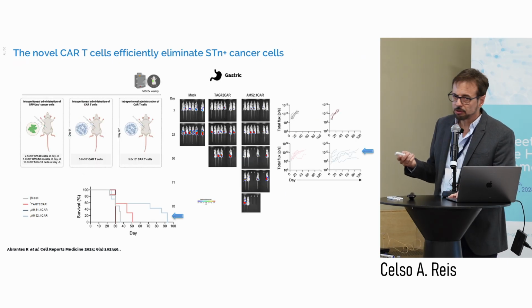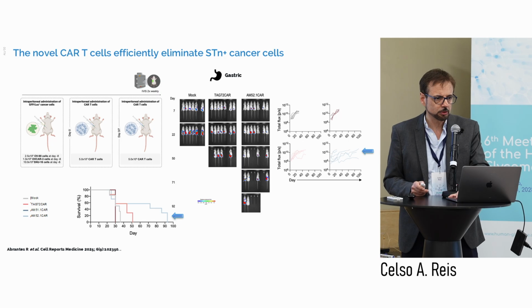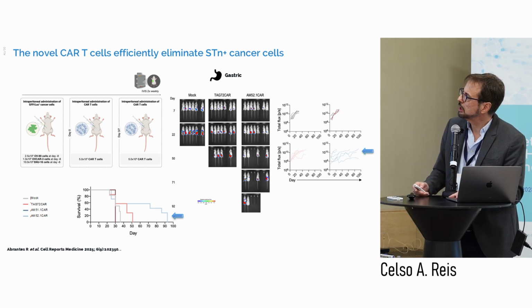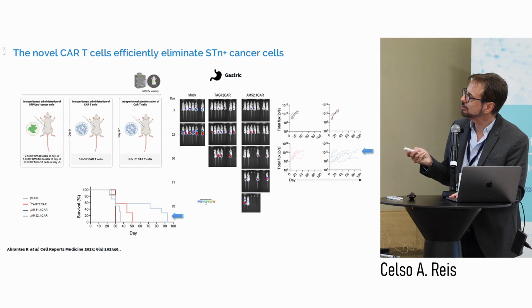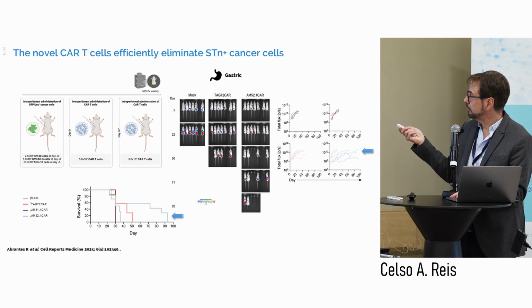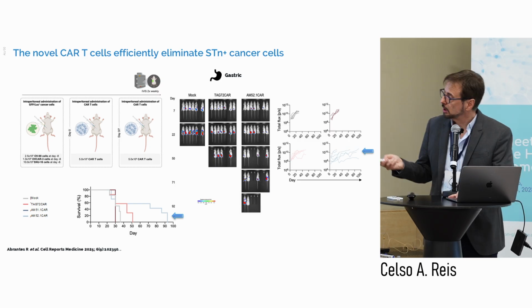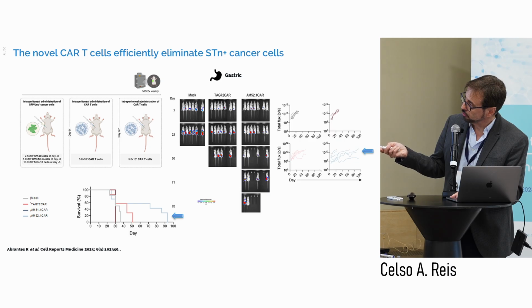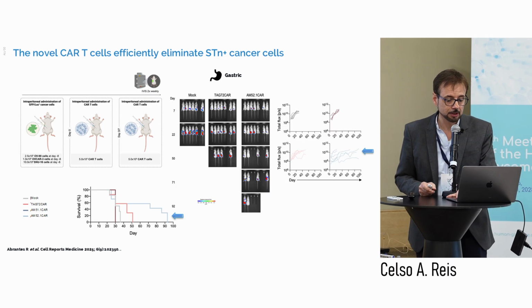And we used this in different models, in cell line models also, but we moved to the in vivo data, in which we analyzed different cancer models, mice that are injected with the cancer cells, and we monitored the cancer cells signal upon treatment with the CAR T. So basically, summarizing, the CAR T is improving the signal and the survival of the mice, as we can see here, comparing with those treated with the TAG72 and the mock manipulated mice models.